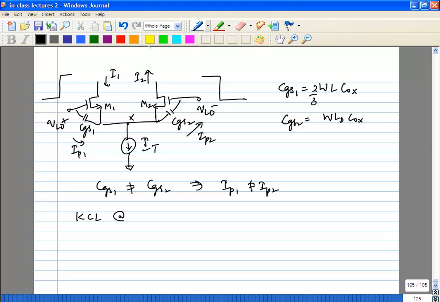Next, let's call the intermediate node, the common source node, node X. Let's do a KCL at node X. The currents coming in are I1 plus IP1. The currents going out are IT plus I2 plus IP2.